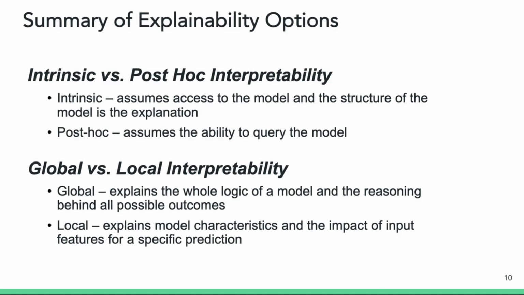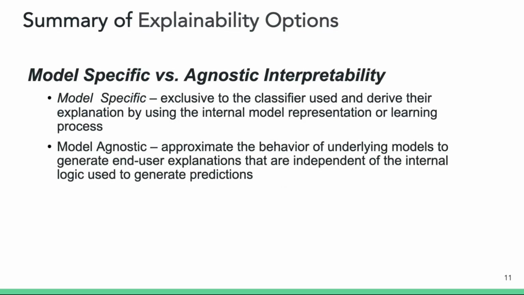We also have local explanations that explain the model characteristics and the impact of input features for a specific prediction. We have model-specific explanations exclusive to the classifier used and derive their explanation by using the internal model representation or learning process. We have model-agnostic explanations that approximate the behavior of the underlying model to generate end-user explanations that are independent of the internal logic used to generate the prediction.